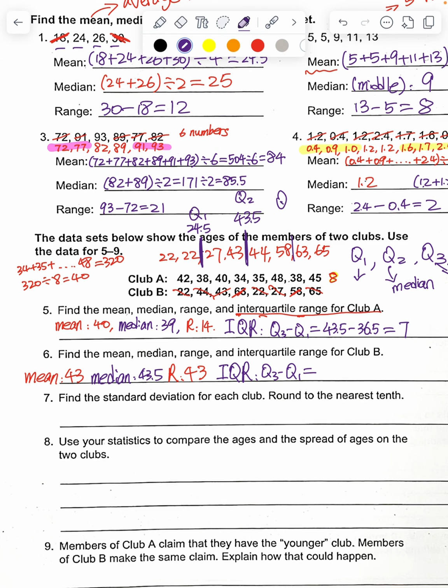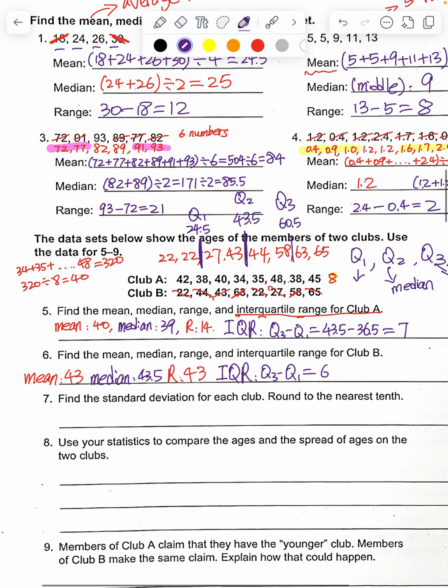Q3 is 60.5. So back to the question, we're going to use 60.5 subtract 24.5. This equals 36. Whoa, this IQR is way bigger.